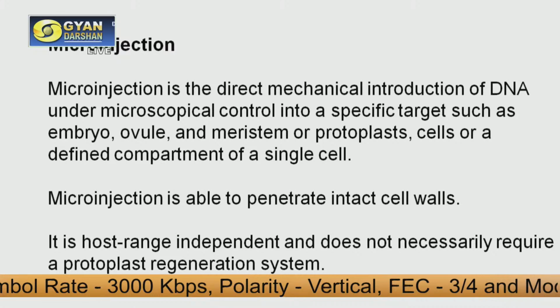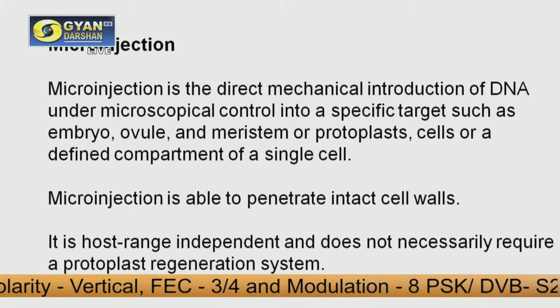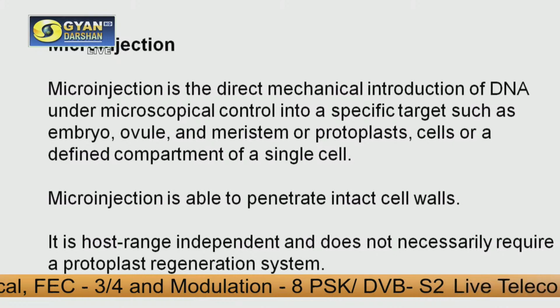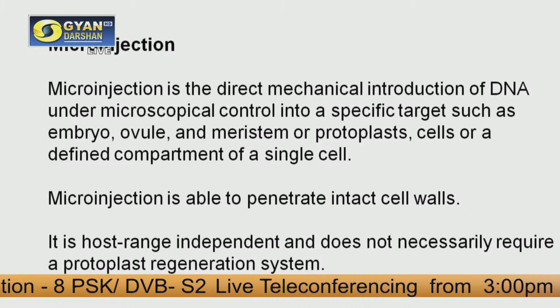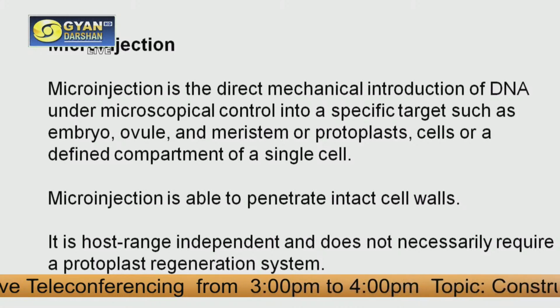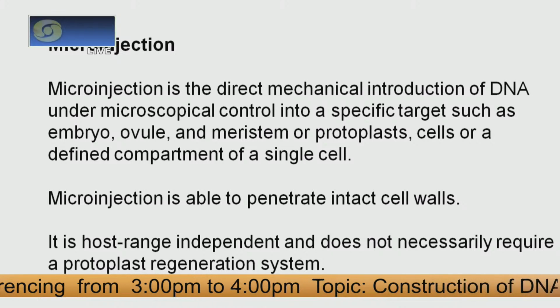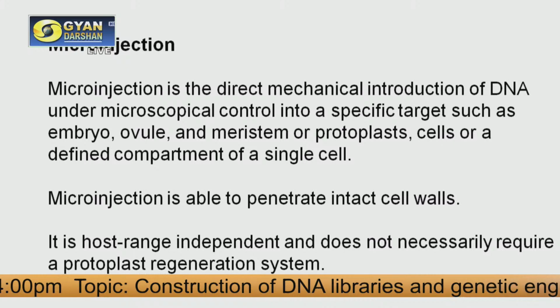Next is microinjection. Microinjection is the direct mechanical introduction of DNA under microscopical control into a specific target such as embryo, ovule and meristem, or protoplasts, cells or a defined compartment of a single cell. Microinjection is able to penetrate intact cell walls. It is host range independent and does not necessarily require a protoplast regeneration system.